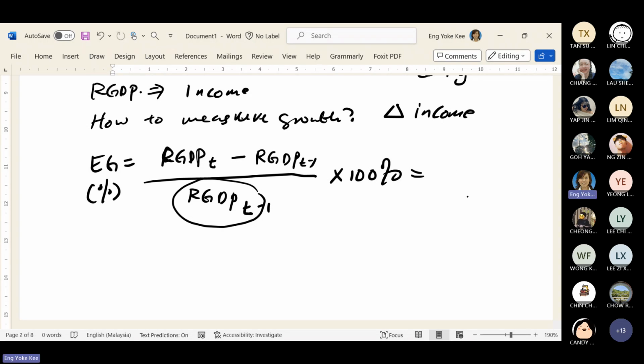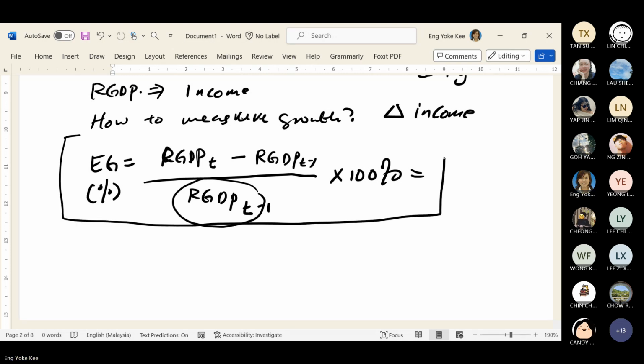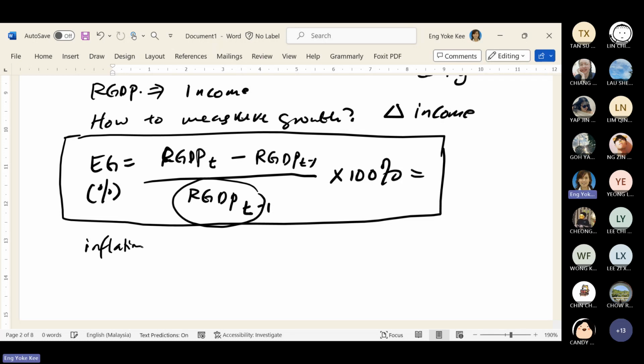Then you calculate a number here. It tells you how much the economic growth is. Okay, so this is the basic understanding of generating a growth rate. For example, inflation, same concept.